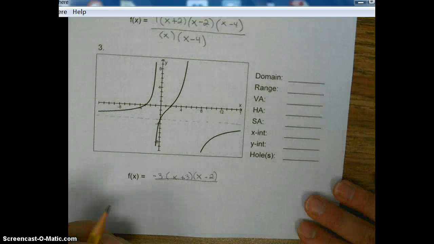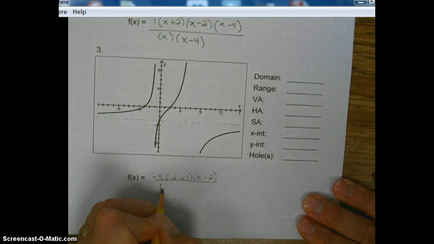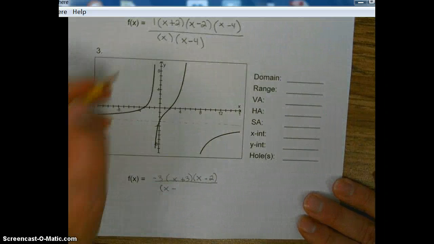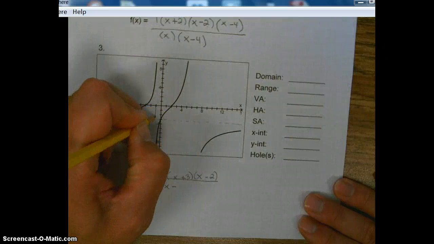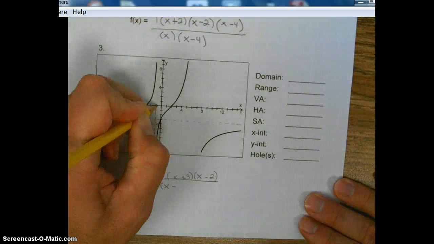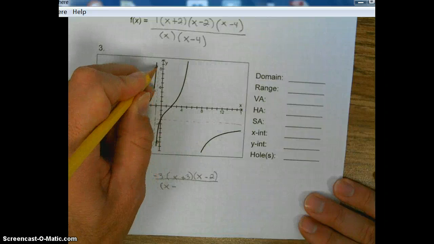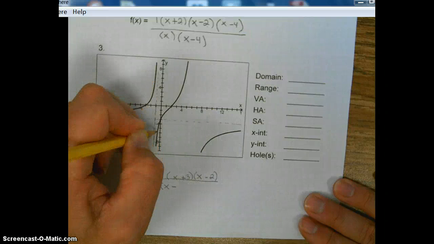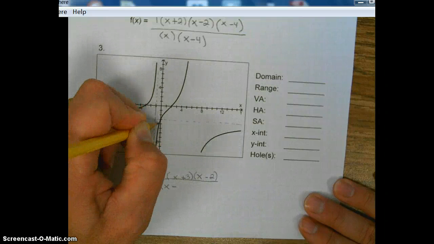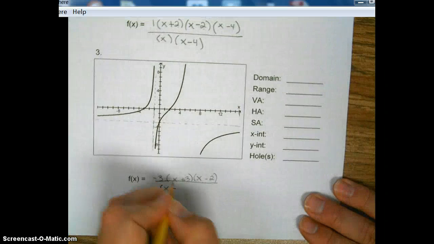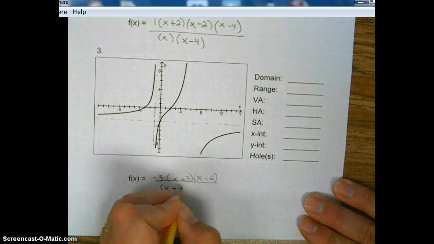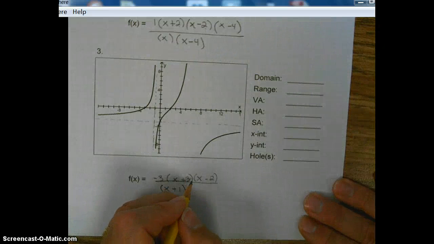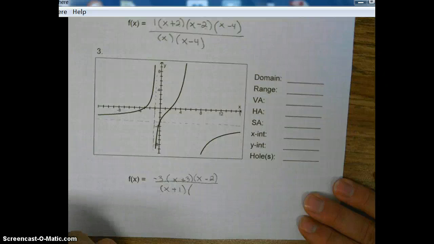Over x minus our vertical asymptote, which is at -1 here, as you can see. You can find those asymptotes when you have two parts of the graph that are approaching, flattening out, if you will. So x minus -1. And the hole, is there a hole? I don't see a hole.